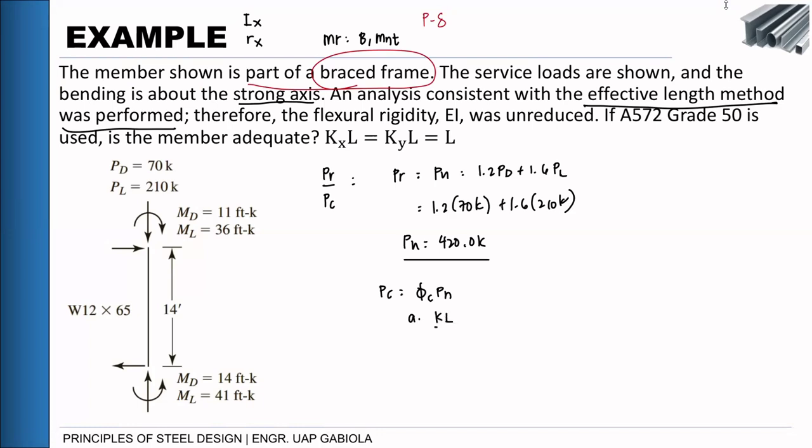Since our value is the same in both directions, ry will govern. So, that's 1.0 times 14 times 12 over our ry. We check our section, W12 by 65.